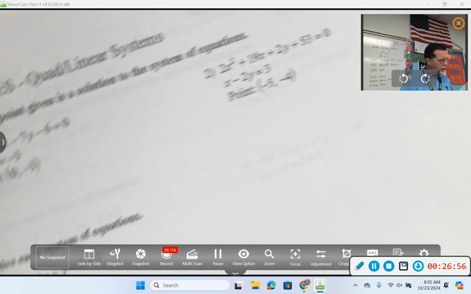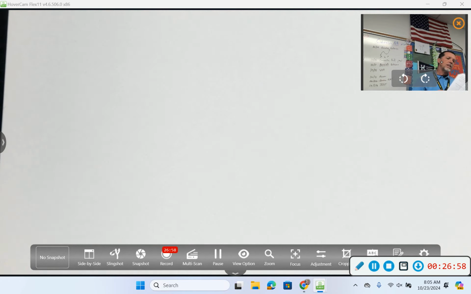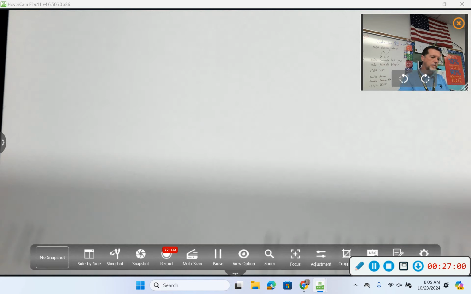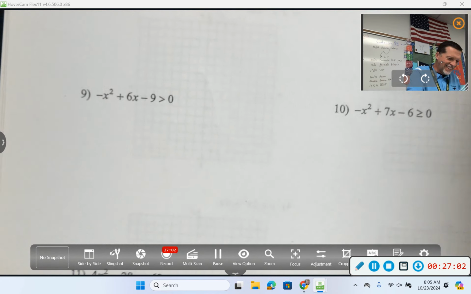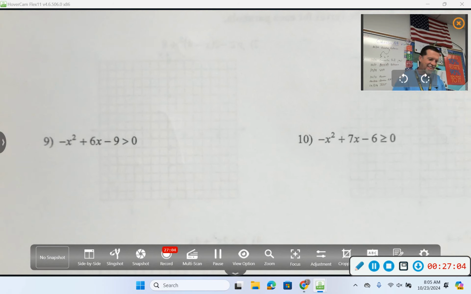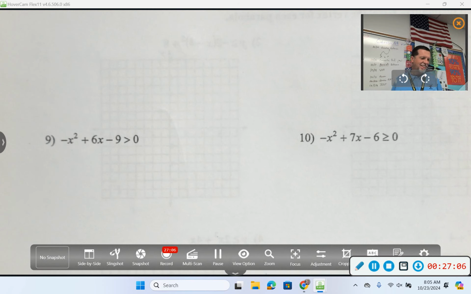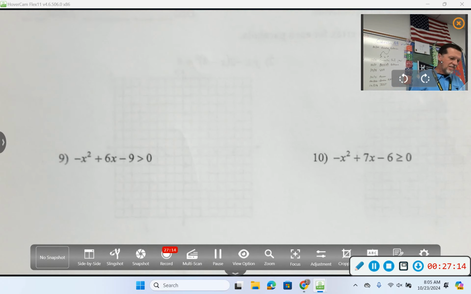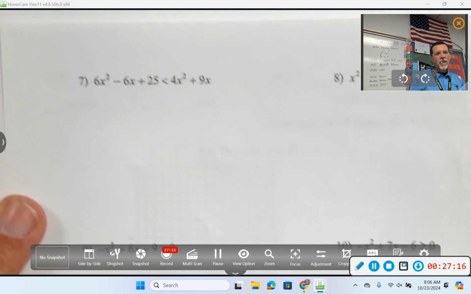Do 8, or 11, or 12, or 7. I think 8. 8's easy? Well, they're all pretty much easy. 11's got big numbers in it. No, let's do 7. 7 it is.